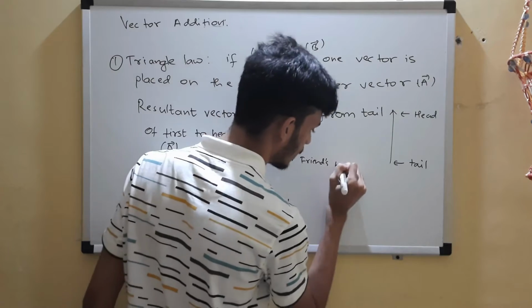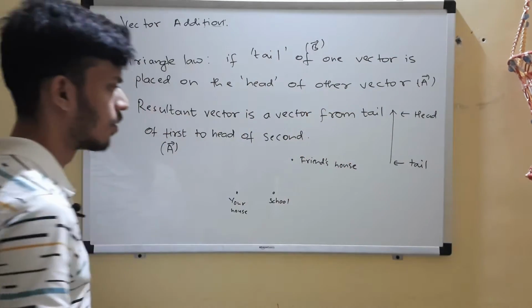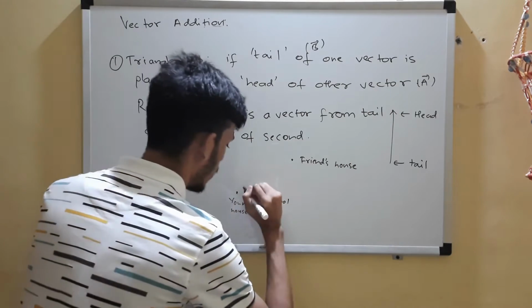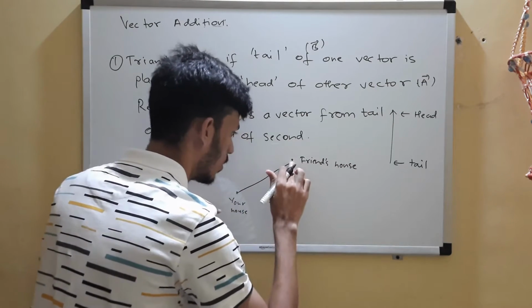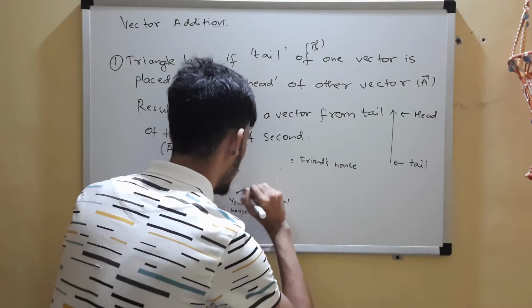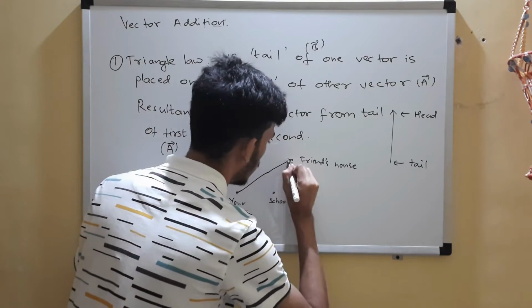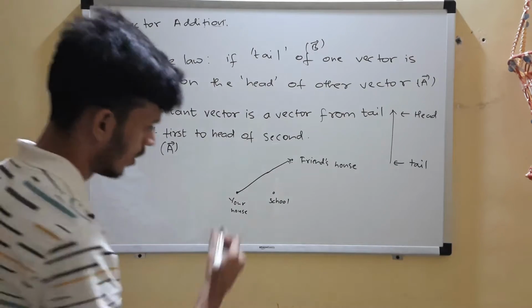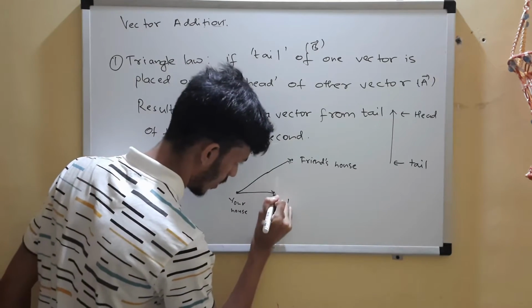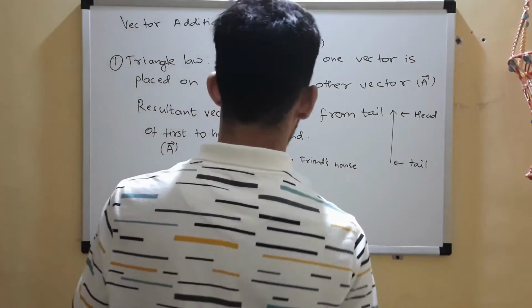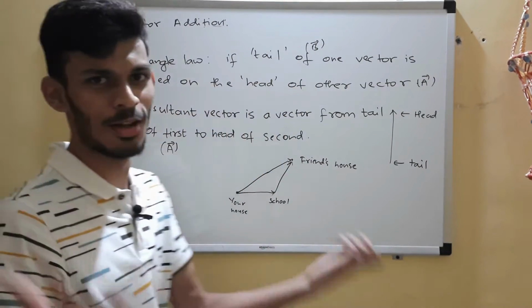So you have two routes to go to it. First, you directly go to your friend's house. Why go to school unnecessarily? Or you can choose the school route. First you can go to school, and from there you can go to your friend's house. So in either case you reach the party.